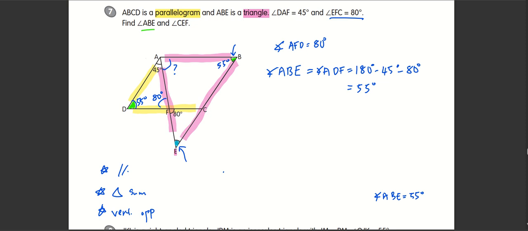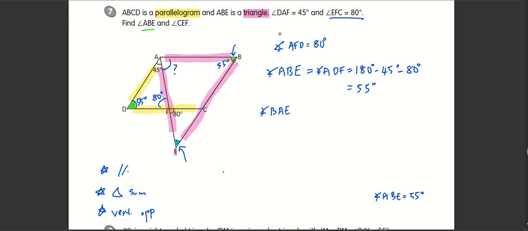So I'll move back to the property of parallelograms. You have to find this angle, which will be angle BAE or BAF.